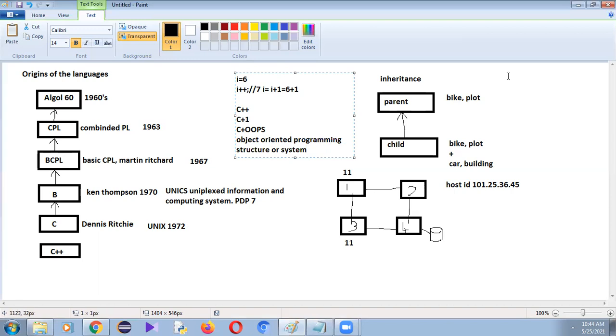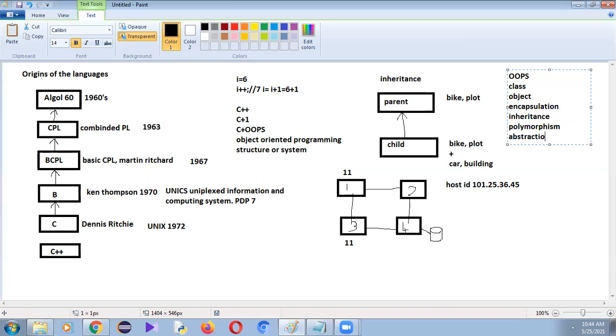Then what are the OOPS concepts we have? OOPS concepts: class, object, encapsulation, inheritance, polymorphism, and abstraction. In a later session, we will discuss these OOPS concepts.